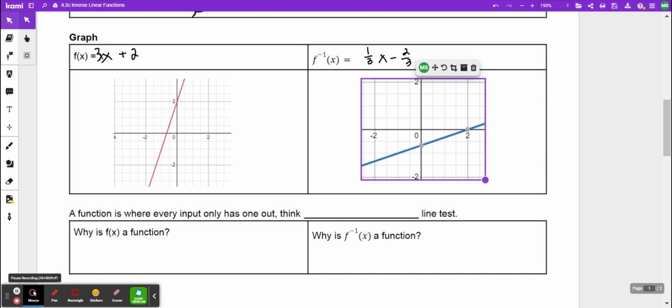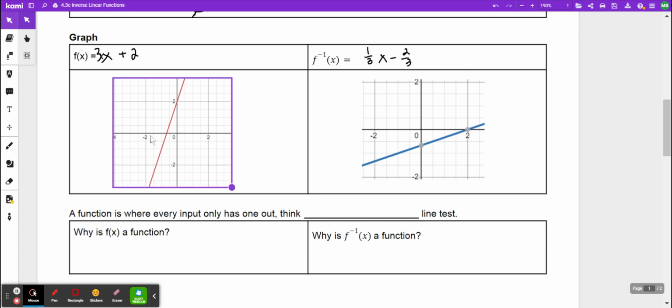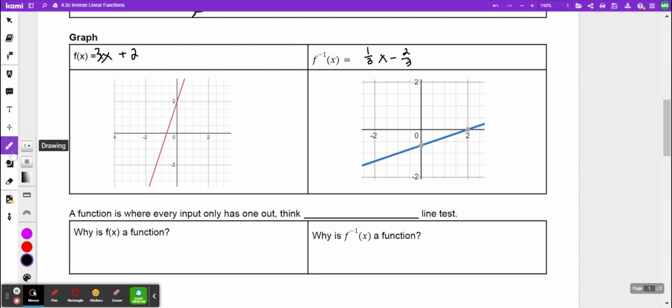Okay, well, looking at these two graphs, there's nothing really that's jumping out at me that says these are related somehow. But if I put them together, we will see something. So we see, look at it, looks like a line, cool. So a function is where every input only has one output.